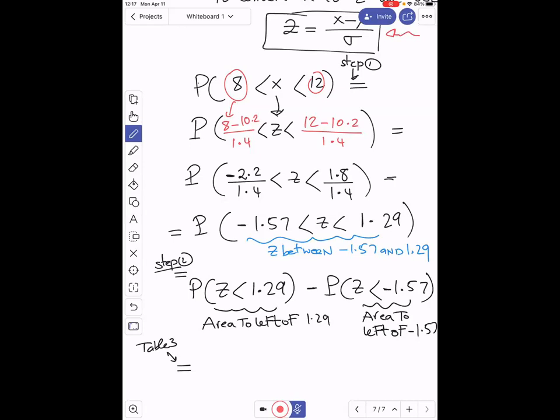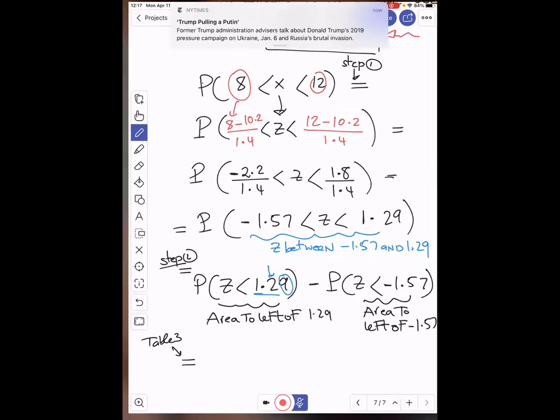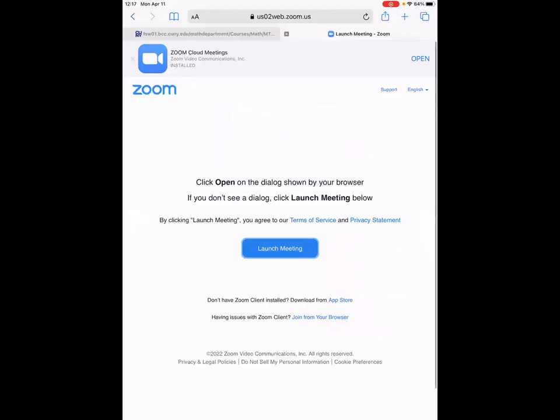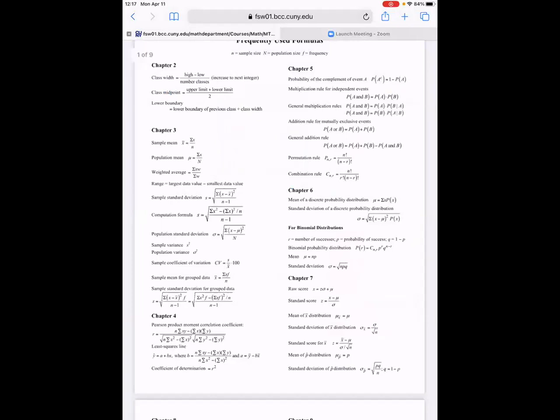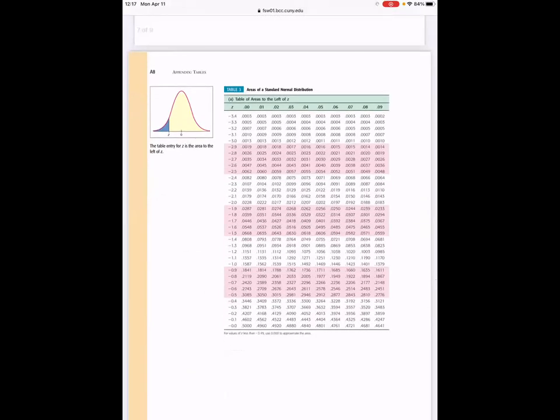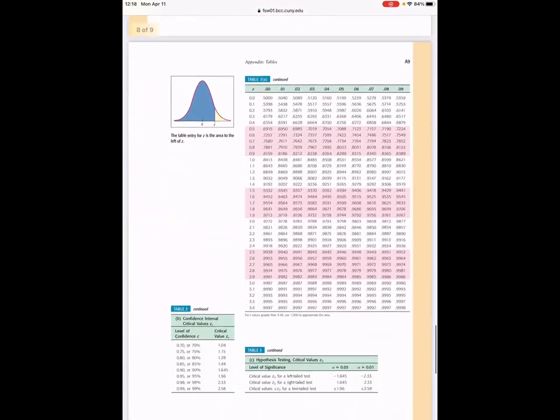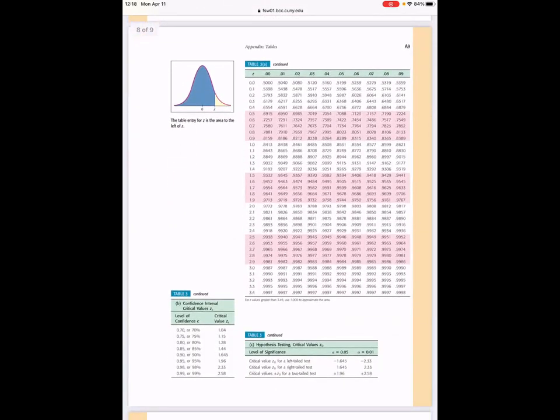For 1.29, the nearest tenth would be 1.2. The tenth position is the first digit after the decimal point, and the nearest hundredth is the 9, so that will be 0.09. In table 3, go to positive z, the 1.2 row.